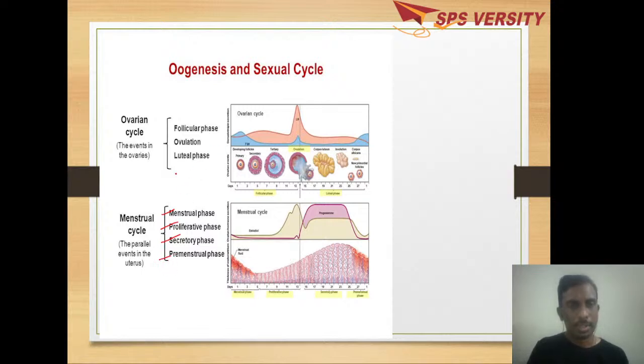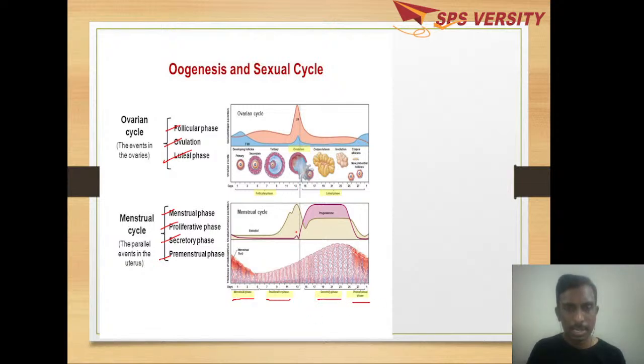So here, if you take this ovarian cycle, in ovarian cycle, the follicular phase, ovulation, luteal phase will take place. So this will come under ovarian cycle, which are the events in a menstrual cycle. So in this diagram we can see: this is menstrual phase, this is follicular phase, this is luteal phase, and this is premenstrual.